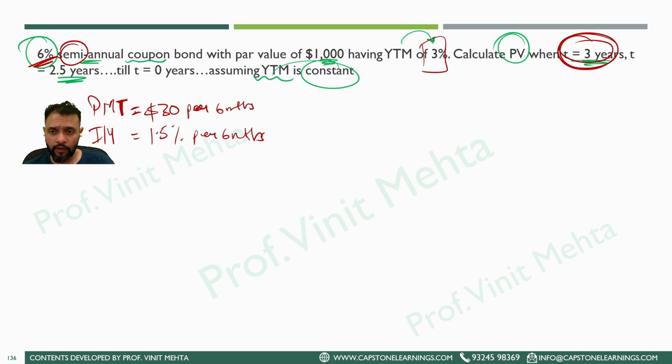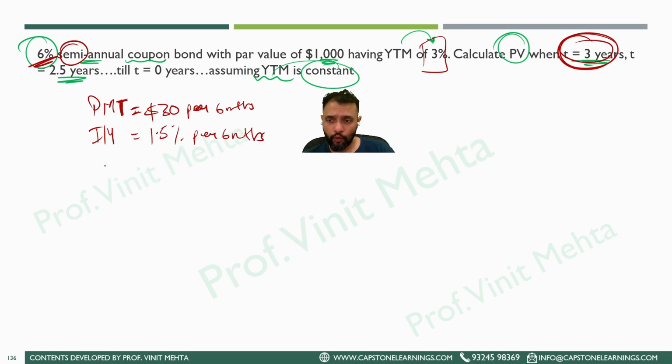And guess what, what will your N be when 3 years are left to maturity? How many 6 months are there in 3 years? 6. So N is 6, the number of 6-month periods in 3 years. And then future value is equal to 1000.